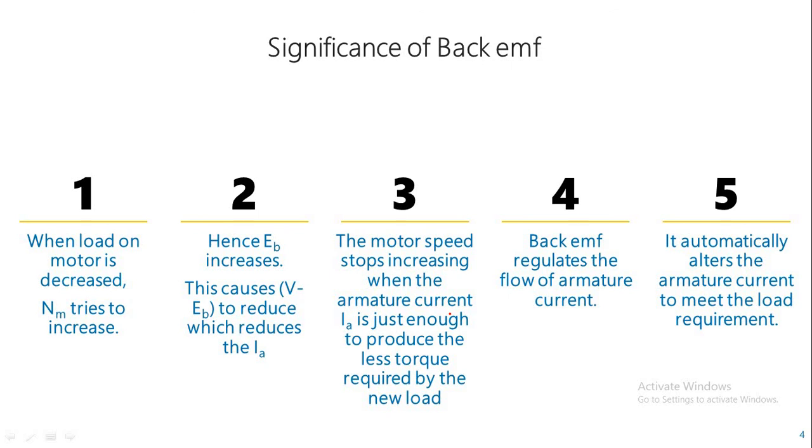So the final conclusion here: the back EMF regulates the flow of armature current, and it automatically alters the armature current to meet the load requirement. So this is about the significance of back EMF of DC motor.